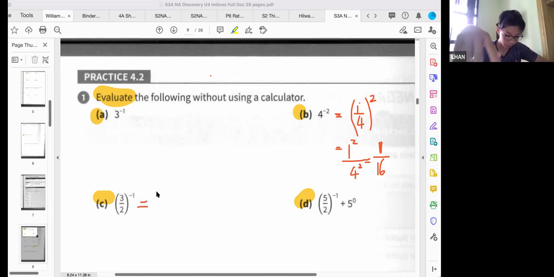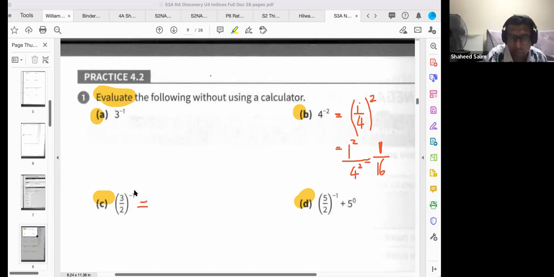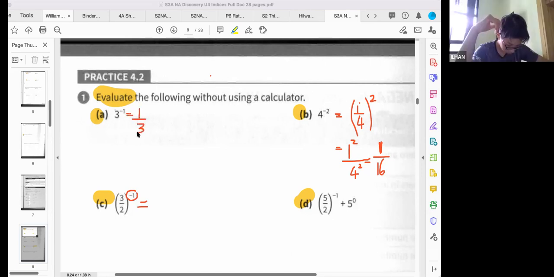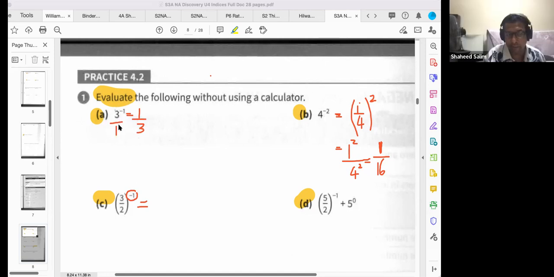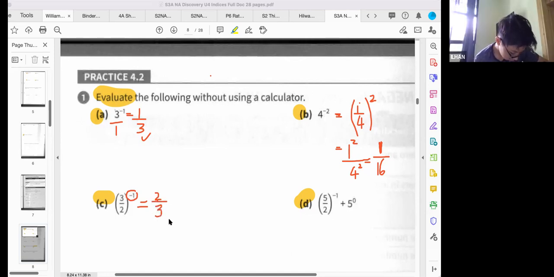So like I put -1 times 3. Oh, this one now down here is -1, no? That's not you say this one is 1/3, right? From 3/1 become 1/3. You're correct. So this one, if -1, just do the flip. It's 2/3. Are you okay for this one?